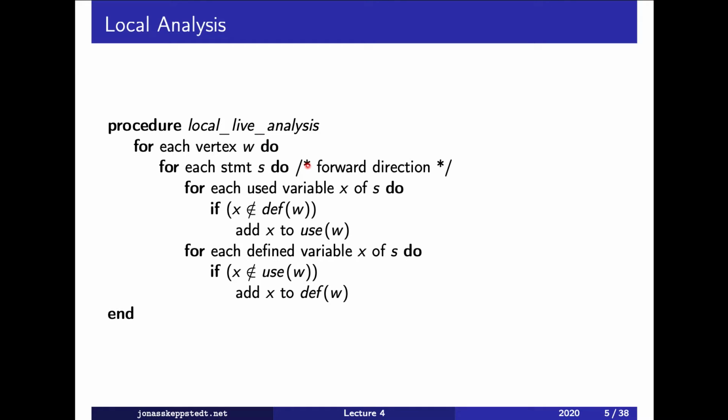Okay, so we can do this either in forward direction or in backward direction. As it is written here, it's in forward direction. So we start with the first statement in a basic block. And then we take each right-hand side variable, I mean the operands that we read, and we check if this operand is not in the set def.